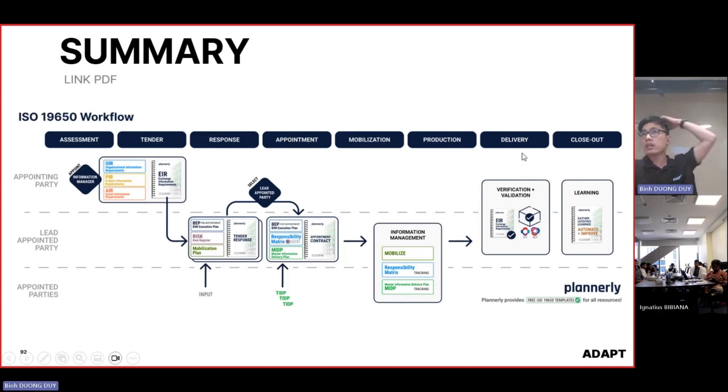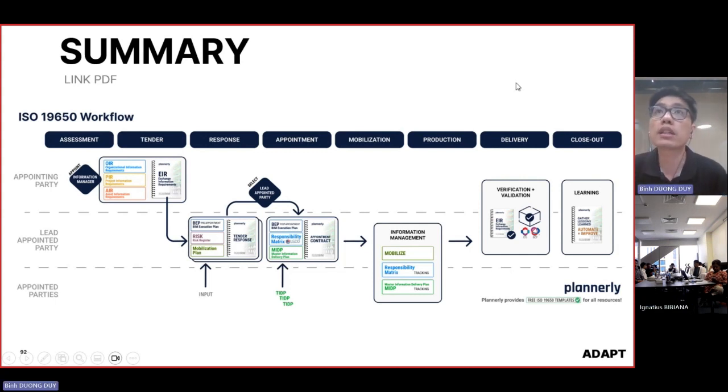Even at the end, at the deliverable and submission time, you also develop a QC checklist and QC process, which helps you verify and validate against the EIR and the documents you received before tender, and make sure these documents are kept alive, and then you can flow out with the lessons learned.